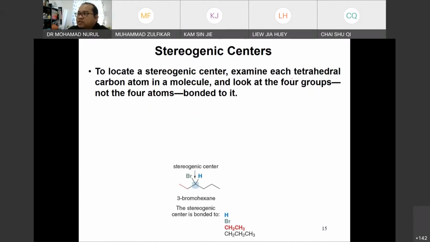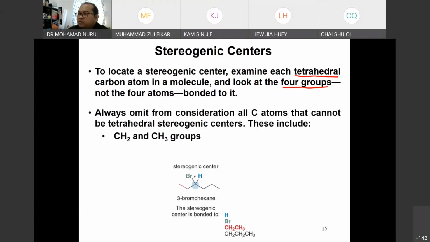It always happens in tetrahedral carbons, as in Chapter 1, in the molecule, and look at the 4 groups. You know that a tetrahedral center has 4 different groups.